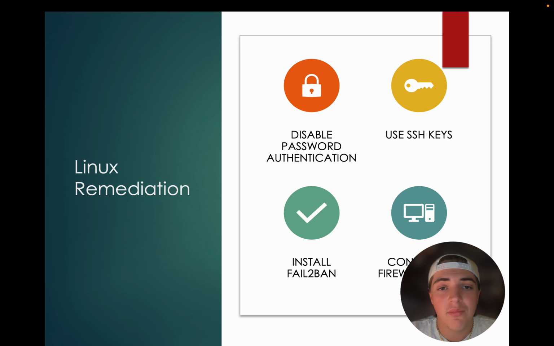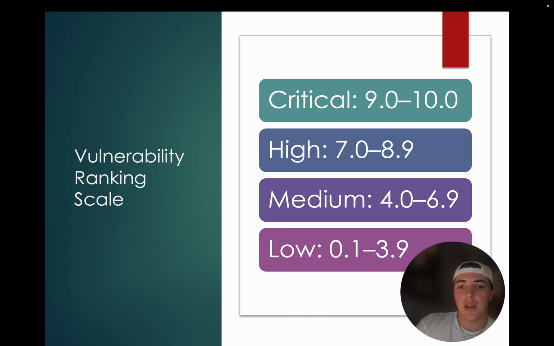You make little adjustments here and there, and they can have great impacts. That's what I've learned through this class: simple things that you think wouldn't make a big deal can make a drastic difference in the security of your system. So here is our vulnerability ranking scale.